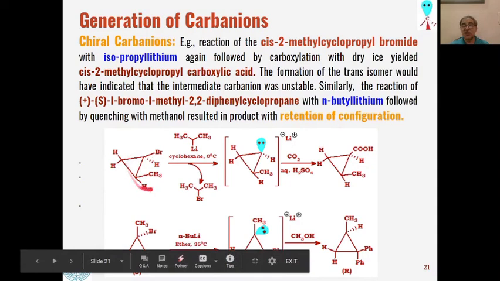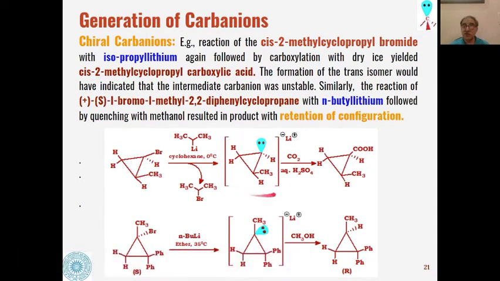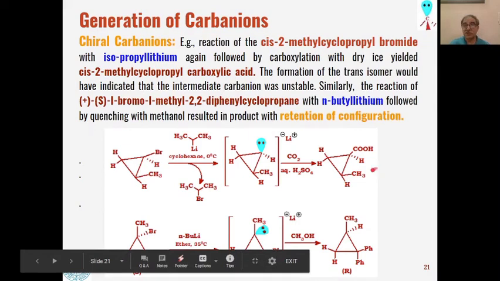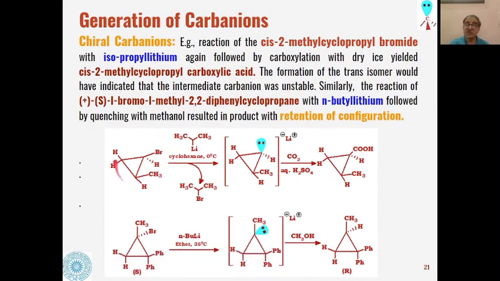This chiral carbanion will undergo carboxylation in the presence of aqueous sulfuric acid, and optically active carboxylic acids are formed. If we start with the cis reactant, we will get cis 2-methyl cyclopropyl carboxylic acid. That means retention of configuration takes place in the product formation.